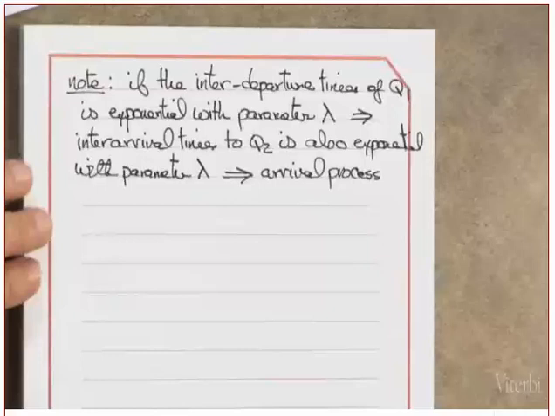What is this one? 1 minus rho 3, times rho 3 to the K. Now tell me, what is rho 3?